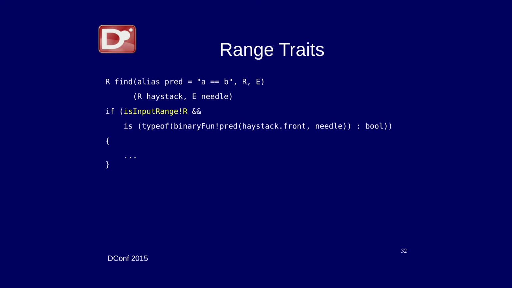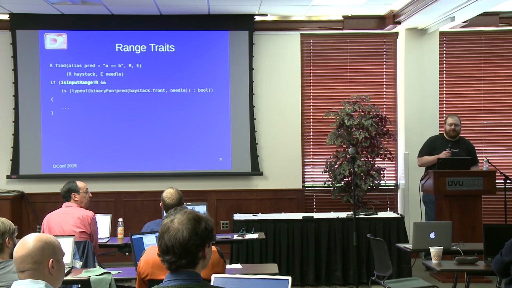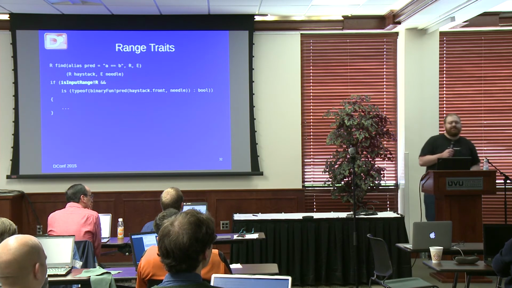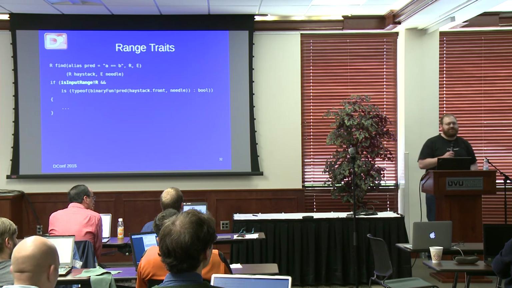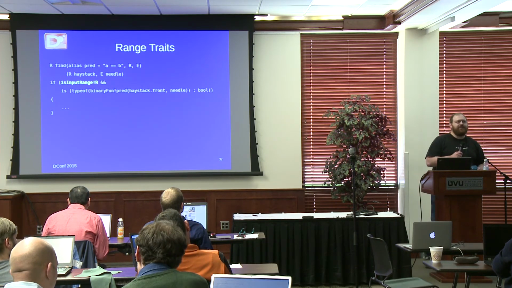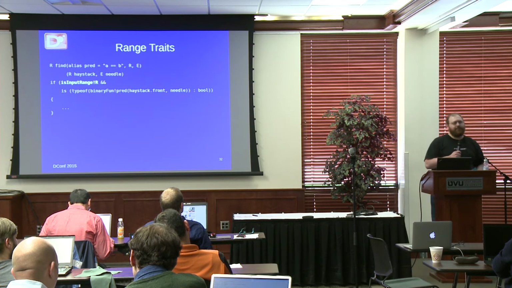Question: why can't a bidirectional range be infinite? In the vast majority of cases it makes absolutely no sense. I believe it has been pointed out previously that there are some weird cases conceptually where you could have an infinite range be bidirectional. As far as Phobos is concerned, it is not possible.